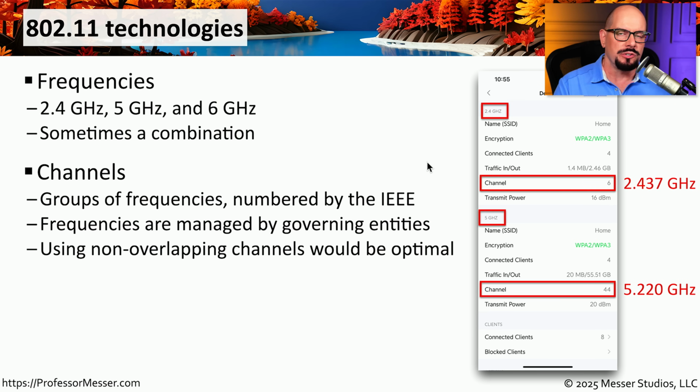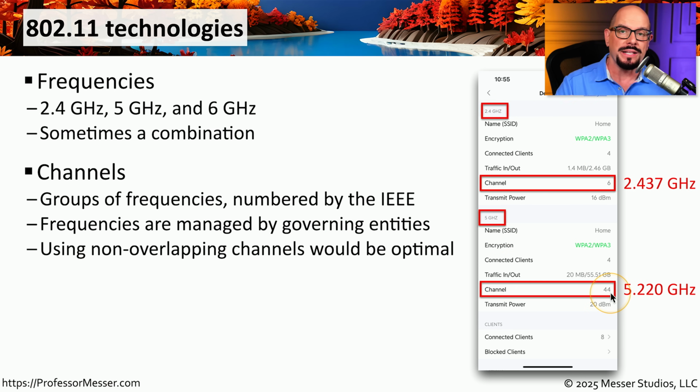You can see these channels being used if you look at the wireless configuration for your device. On my device, I'm running in the 2.4 gigahertz range on channel 6. If you go back to the IEEE standards, you can see that that is also the 2.437 gigahertz frequency that's being used for channel 6. I'm also using the 5 gigahertz range, and you can see I'm using channel 44.